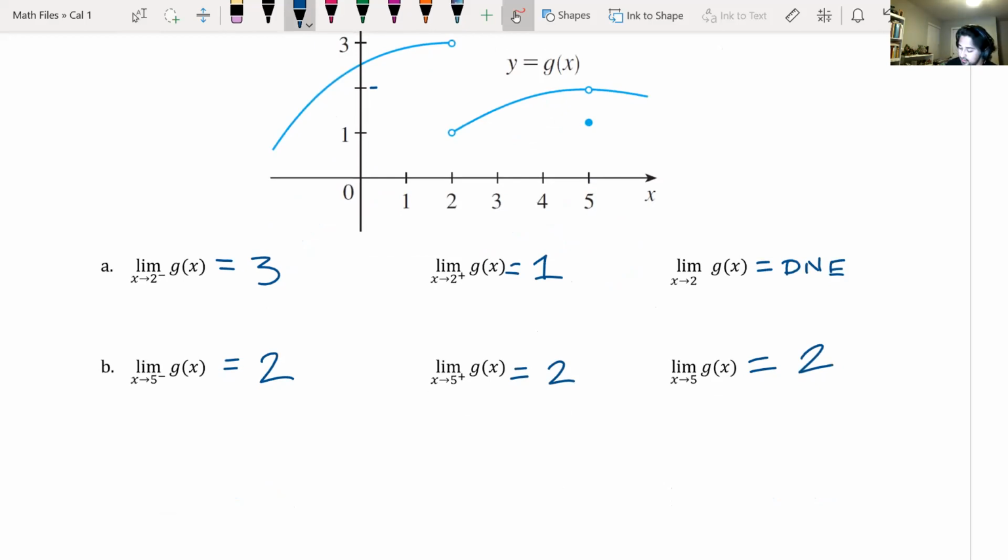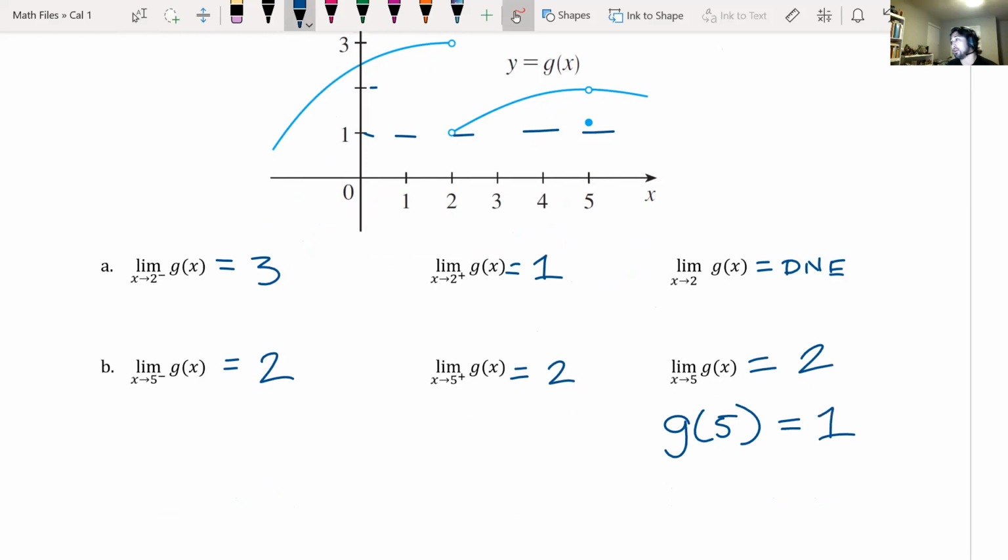What if I said, what is g of 5? Basically, we'll say 1, right? It's around 1. Maybe a little above, but we'll say 1. So g of 5 is 1.